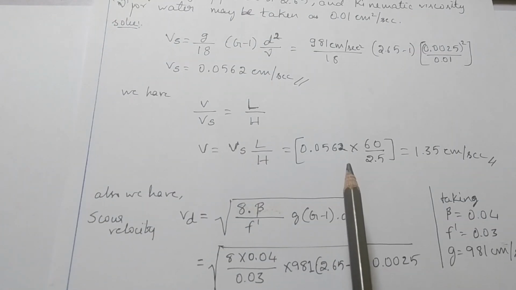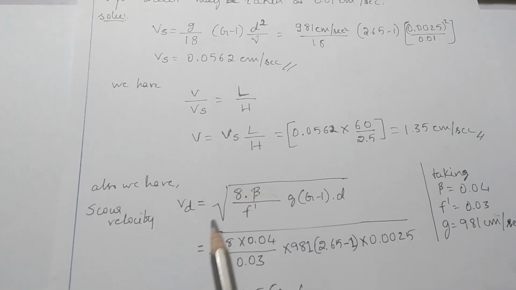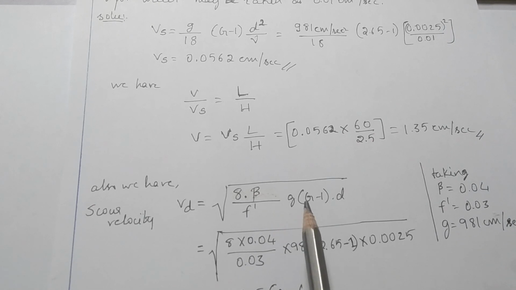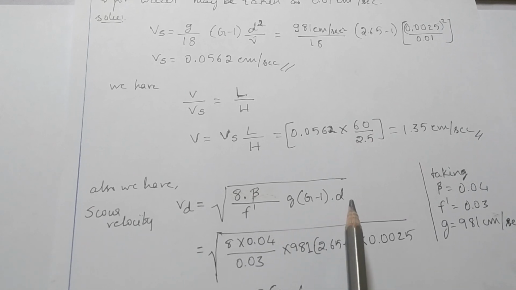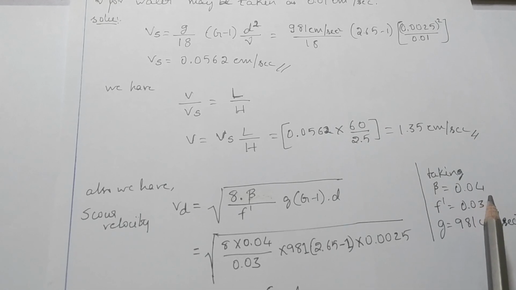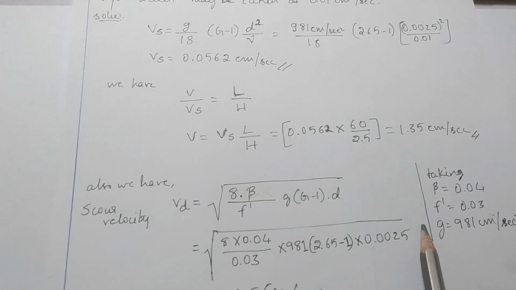In order to check for scour, we have the scour velocity formula, that is Vd is equal to root of 8 beta divided by f dash into (G minus 1) into g into d. Let us take beta as 0.04 for unigranular particle, and f dash as 0.03 for settling tanks, and g as 981 centimeter per second square.